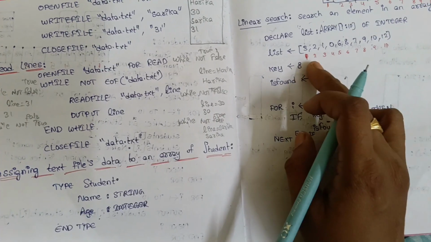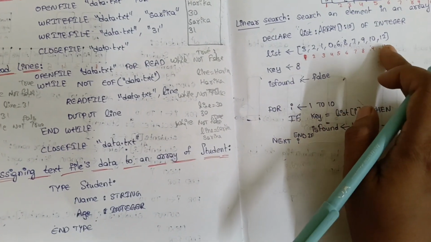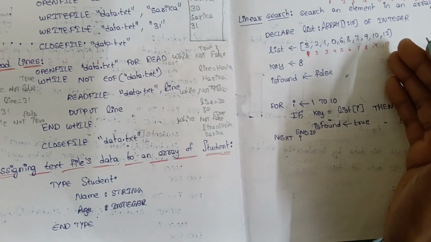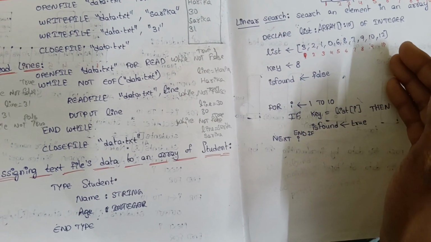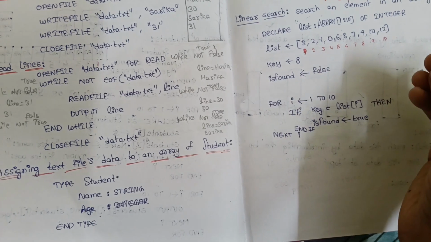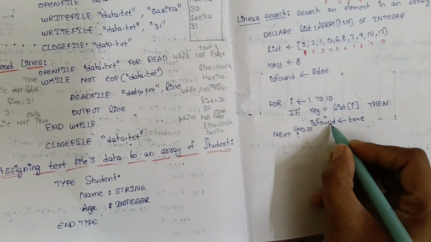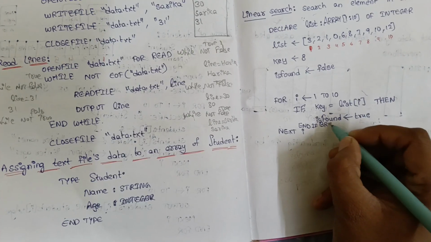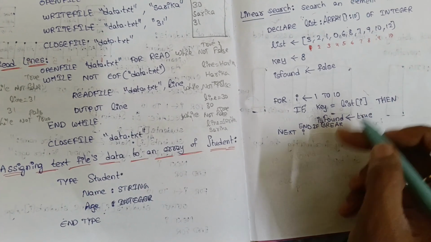Okay, if you want to continue the searching throughout the array, you can do that, but the time complexity increases. Whenever you find it, immediately try to break out of the loop.